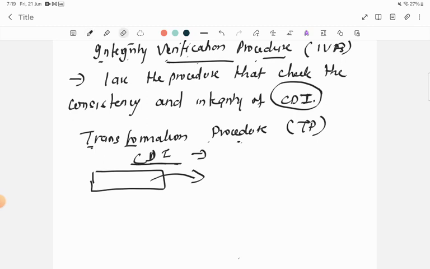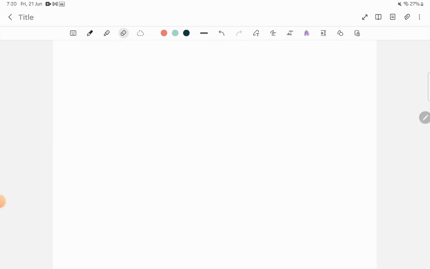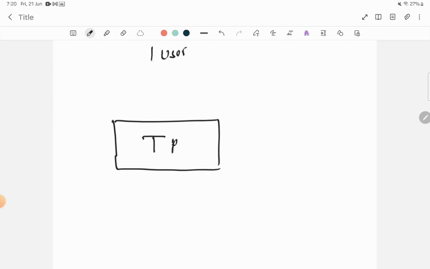So let's see the diagram for this model, and then I'll explain it. In the diagram there are TPs, transformation procedures, and there is a user. For our banking app, we have some UDI, that is unconstrained data items, and we also have some CDI, that is constrained data items.